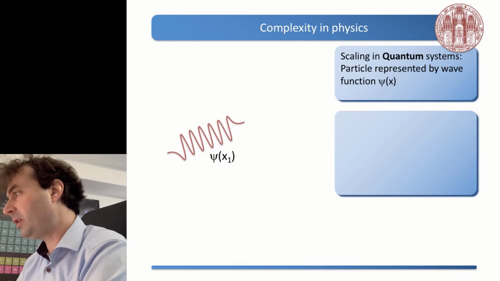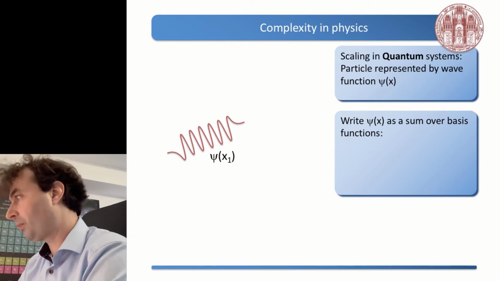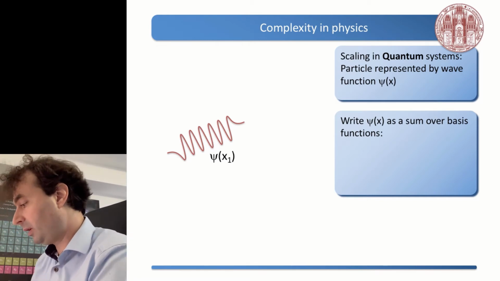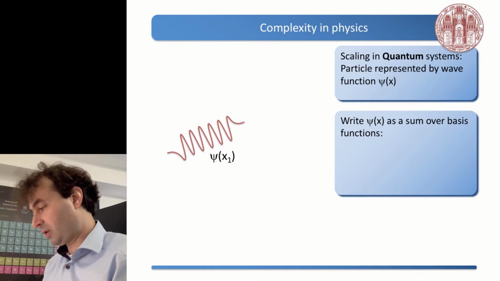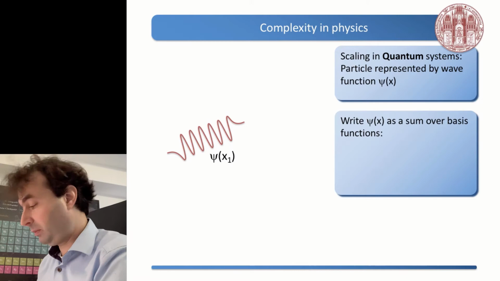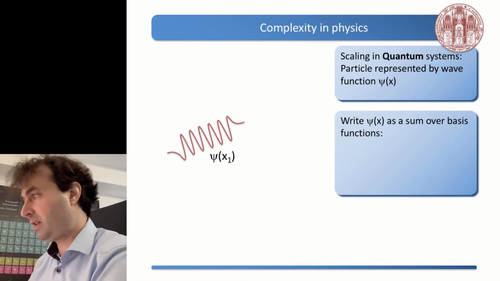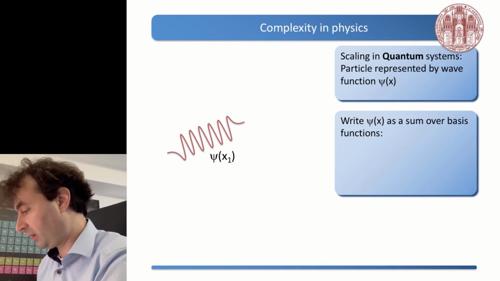So we have a wave function, and we write it as a sum over basis functions. We can pick our basis functions, for example, as plane waves, and with a distance of about 2 angstrom per atom and a resolution of 10 meV, you can estimate roughly how many plane waves you need to get this kind of accuracy.